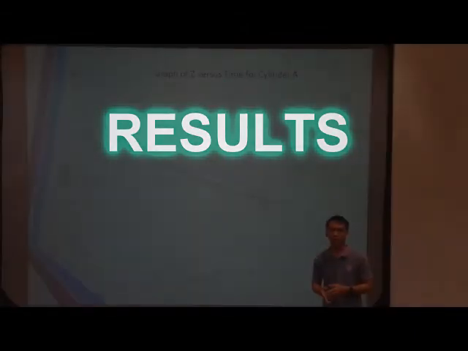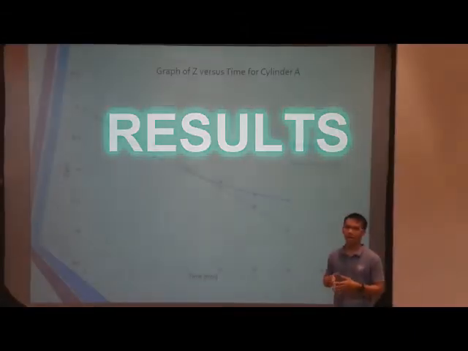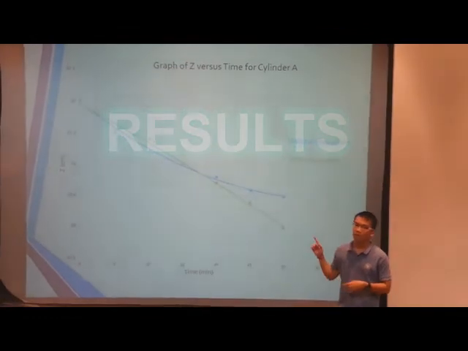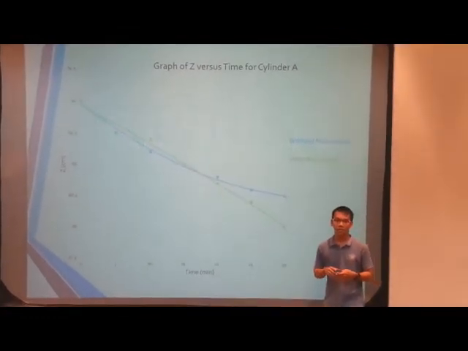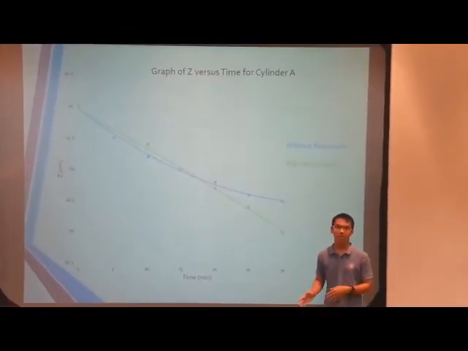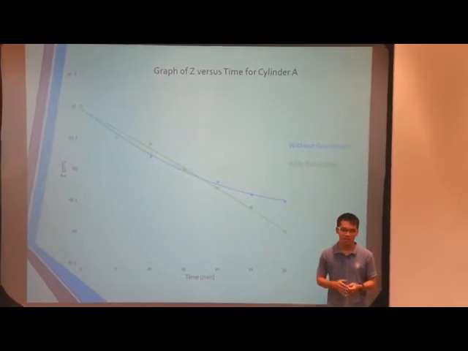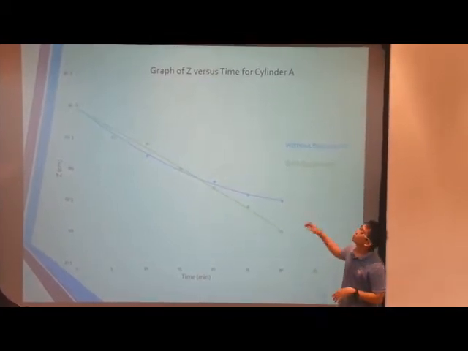On the raw data that we obtained, we plotted 5 graphs, which is the height versus time for each cylinder, which is A, B, C, D, and E. So this is the first graph.